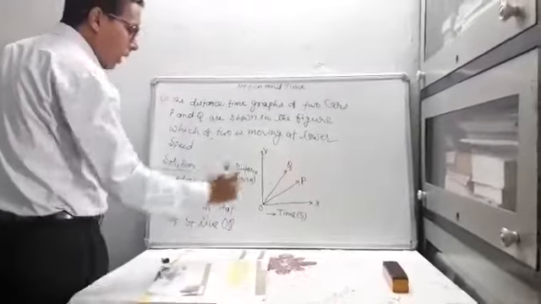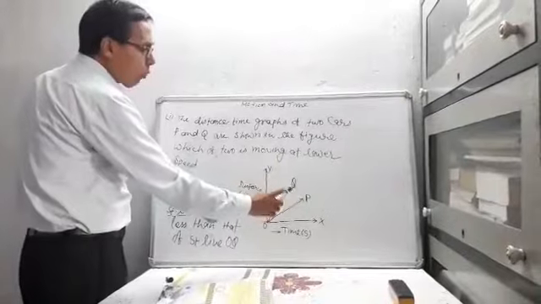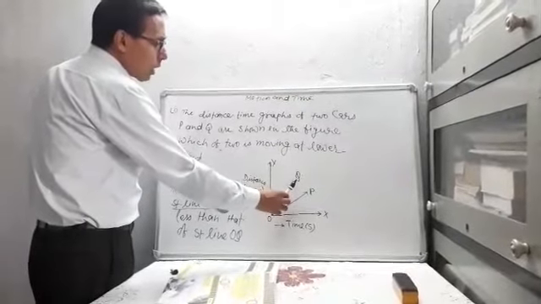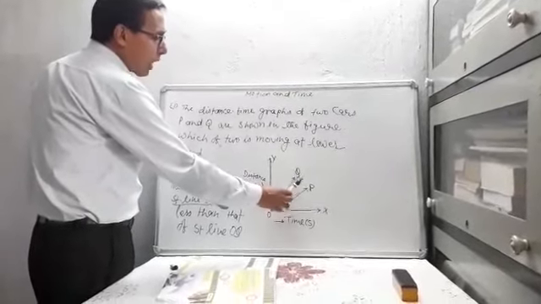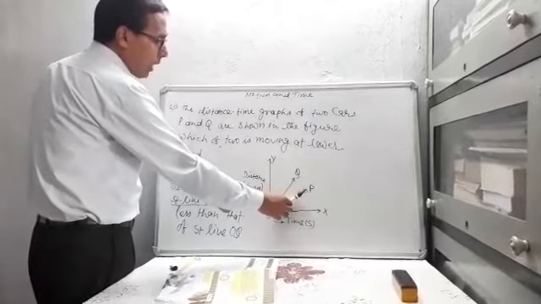In other words, we can say that the slope of the OQ straight line is more than that of the straight line OP.